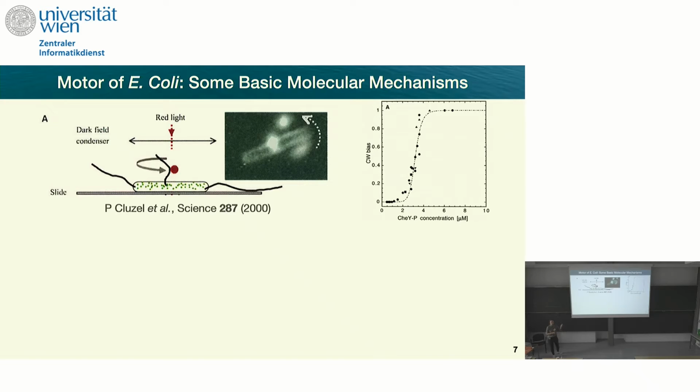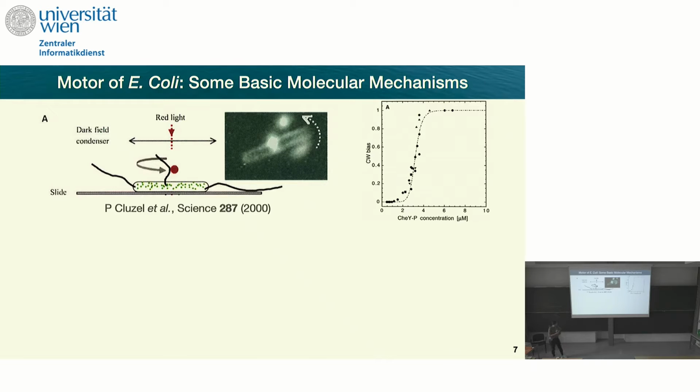So there's been a lot of work on the molecular basis about the functioning of this bacterial motor, when it spins clockwise or counterclockwise. And the way this has been studied was by looking essentially at cells that are attached to a glass surface, and then one can simultaneously track the rotation of the flagella by attaching a bead, as well as a concentration of some molecular species inside the cells.